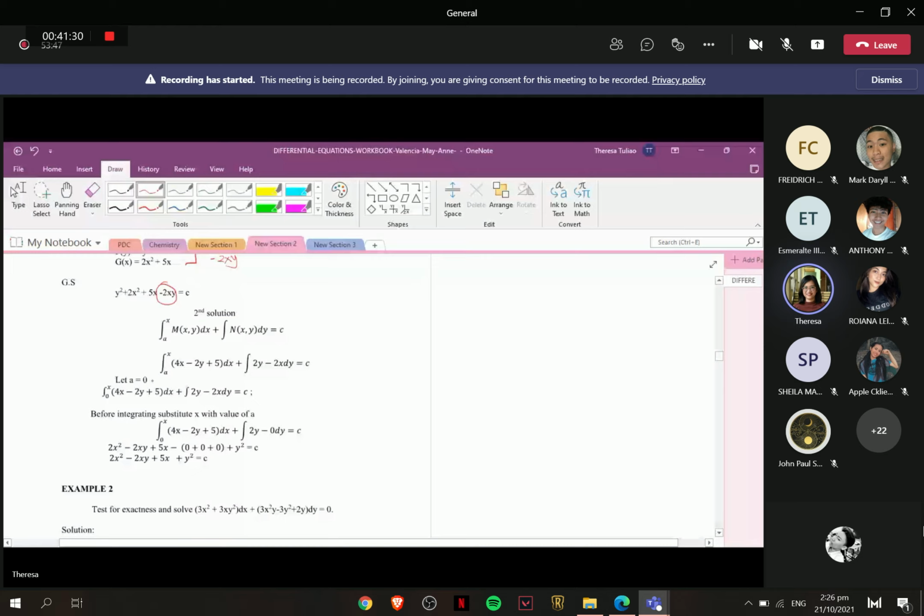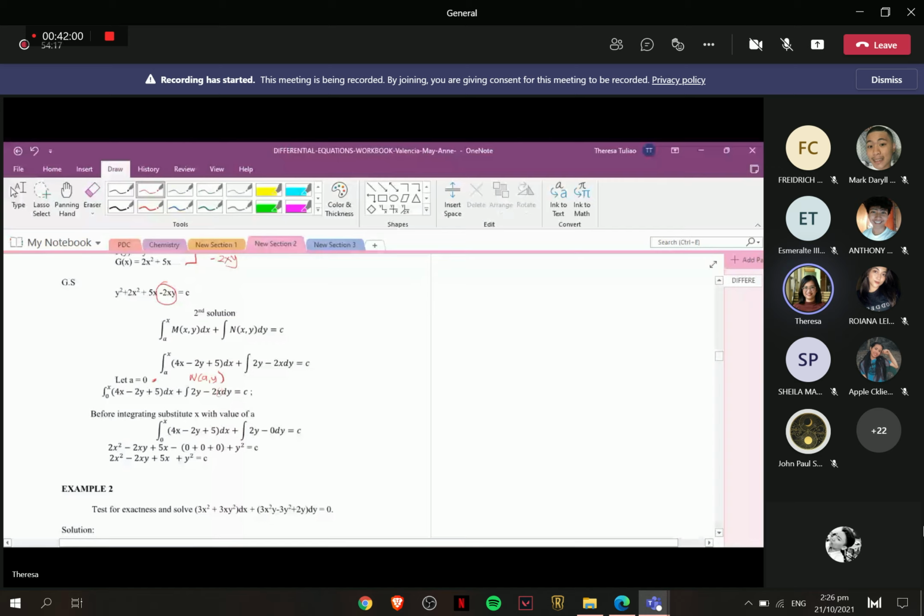But here on the second term, no, dapat ang form niya is N(a,y) na ito. So, papalitan natin yung x dito ng 0. Kaya dito nag-0 na siya. 0 dy. Okay? So, ito na yung proper form. Integral of 4x minus 2y plus 5 from 0 to x dx plus the integral of 2y minus yung x ay pinalitan ng 0. So, 0 dy is equal to c na lang siya.